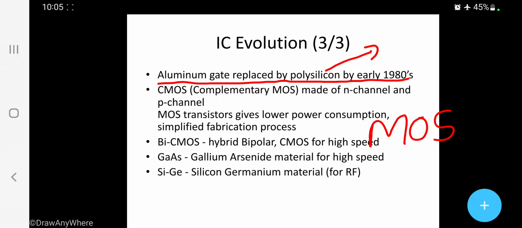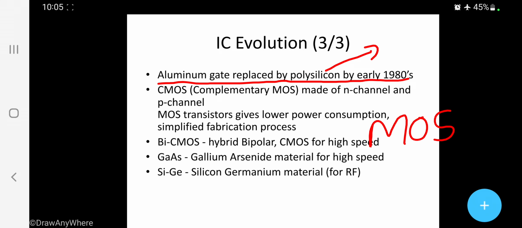Polysilicon is crystalline silicon; densely packed crystals of silicon are called polysilicon. The properties are near to a metal. So closely packed crystals of silicon are used in place of the aluminum gate.